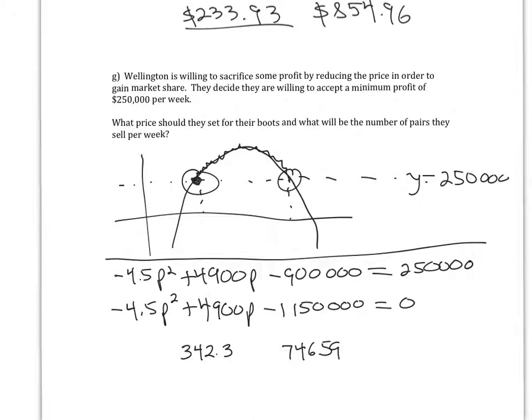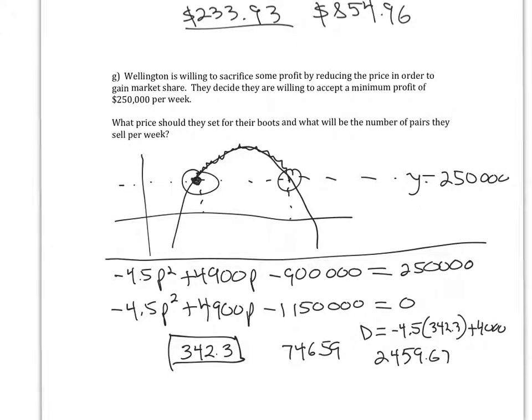So we're going to choose the lower price point, $342.30, and the number of boots that we're going to sell, we can calculate by plugging into our demand equation. So we'll have -4.5 times 342.3 plus 4,000, and that's going to give us a number of boots that we sell of 2,459.67, or around 2,460 pairs of boots.